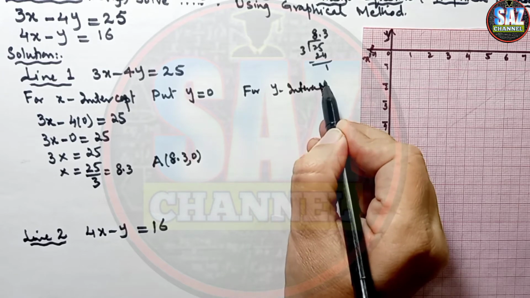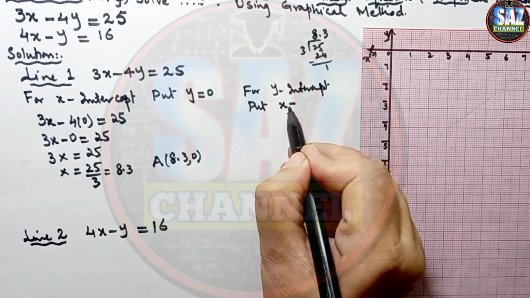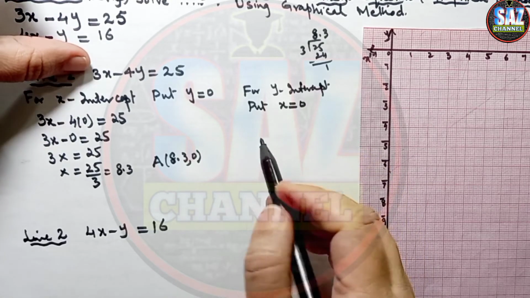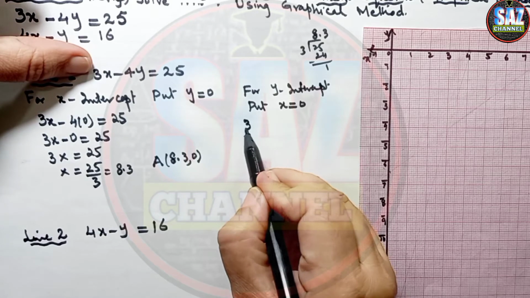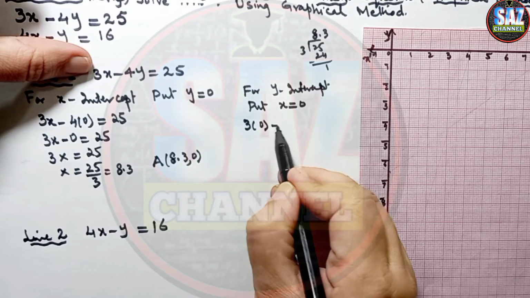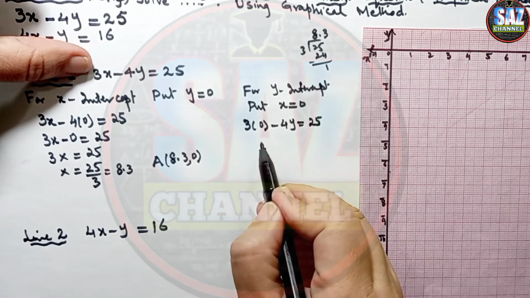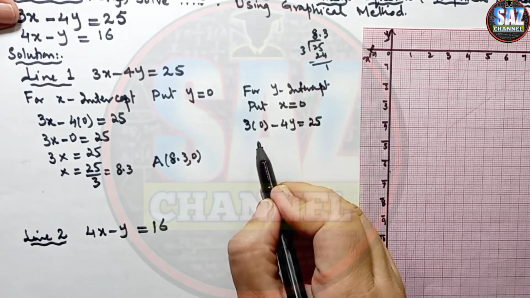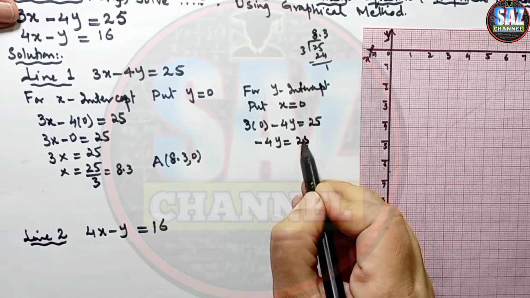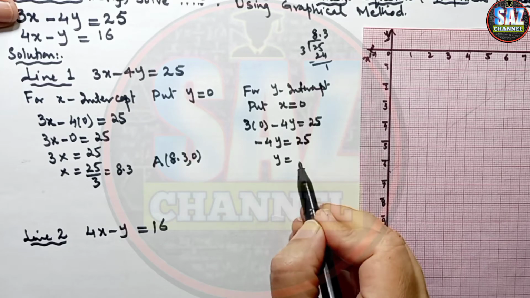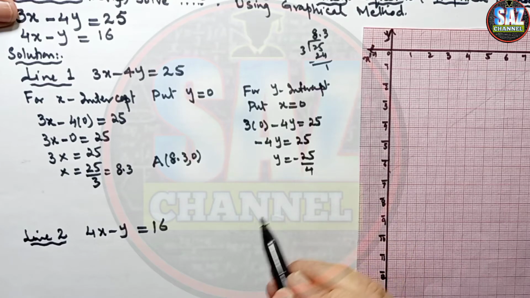Coming to the y-intercept, we have to put x equals 0 in the given equation. When I put x equals 0, this takes the form 3 into 0 minus 4y equals 25, so that term becomes 0 and minus 4y equals 25, or y equals 25 by 4 with a minus sign.